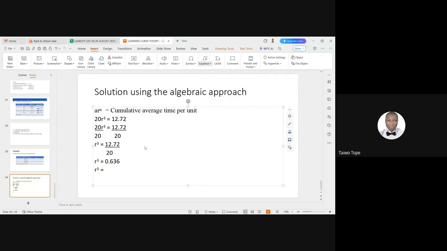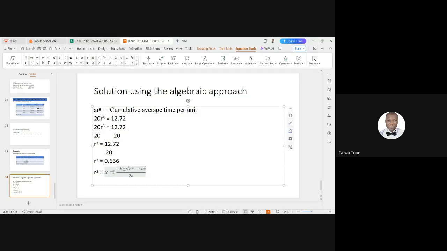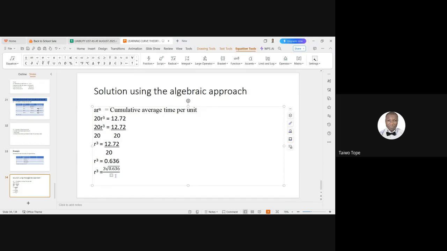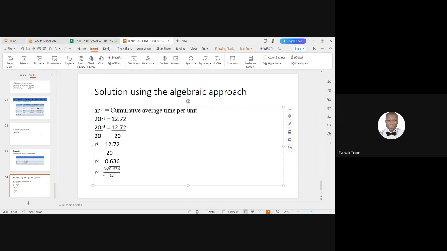So you have something like this. You have 3 as the 0.636. I can't get an appropriate symbol to use, so that's why I'm using this.